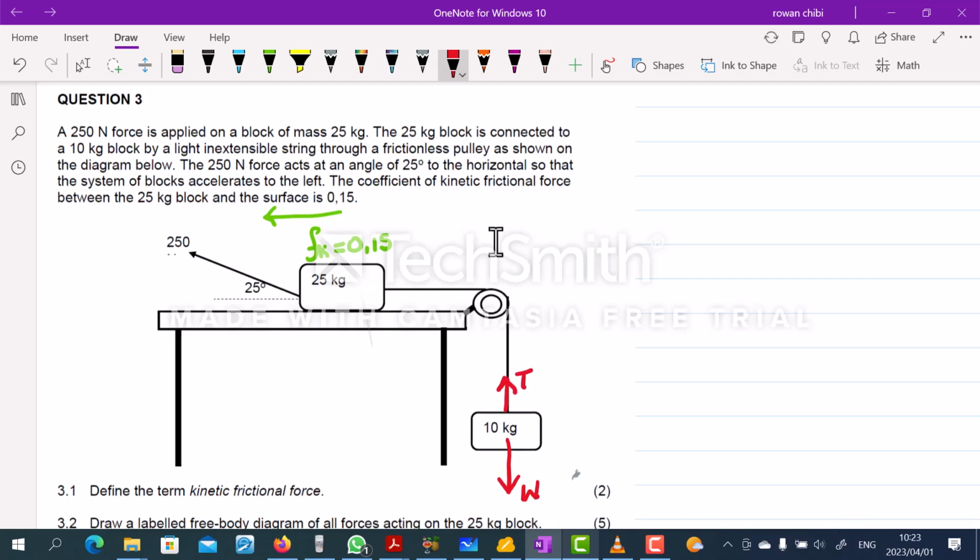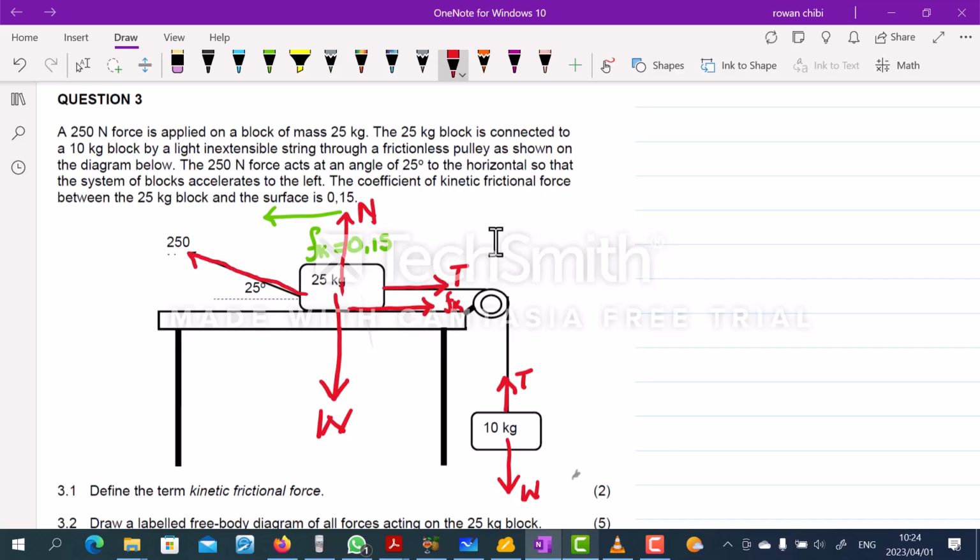Now for the 25 kg block, we have the tension opposite the tension of the 10 kg block, and then the surface and the object have the kinetic frictional force, and then there is the weight of this block, which is that way, and there is the normal force, which is this way.